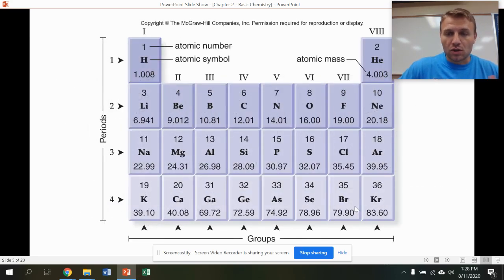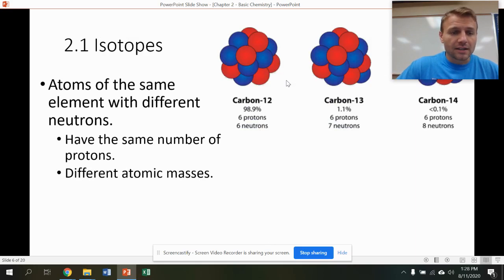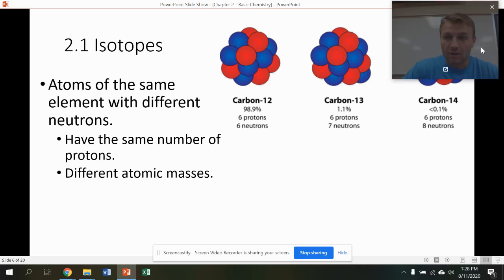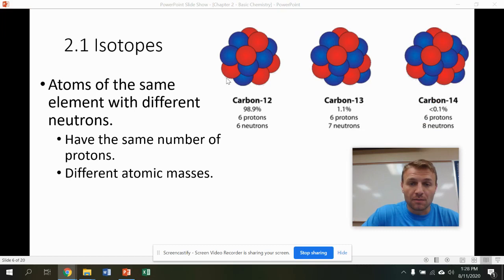Now you can see this partial periodic table. You can see the atomic number. You can see the atomic symbol. Usually under it will have the element name, and then you have the mass number or atomic mass for that element. Like I talked about before, isotopes are atoms with different numbers of neutrons. With carbon, you're going to have different numbers that come after carbon: carbon 12, carbon 13, carbon 14.